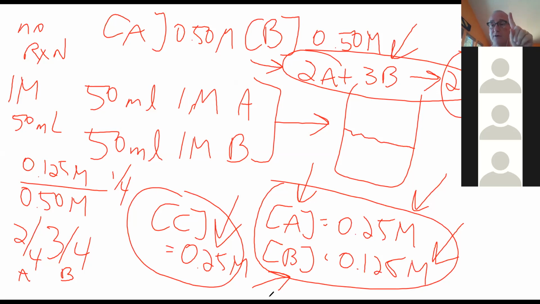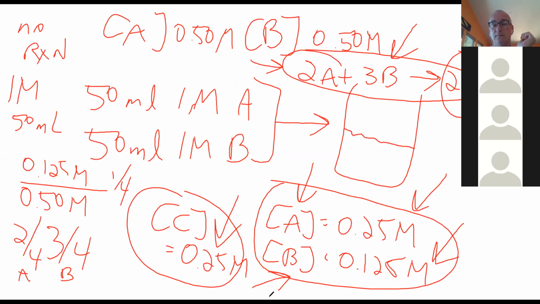Figure out how much is left over and therefore how much was used. And if it all gets consumed, if it's a limiting reactant, figure out how much more A you need to use in order for all the A to get consumed too. And then once all the A is consumed and all the B is consumed exactly, and there's nothing left over, then you have the ratio you're looking for.